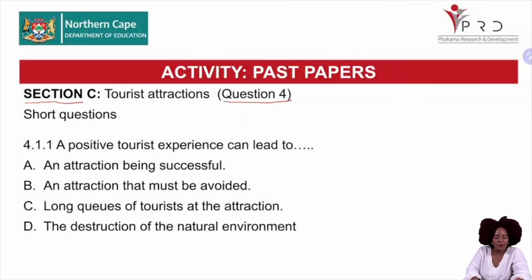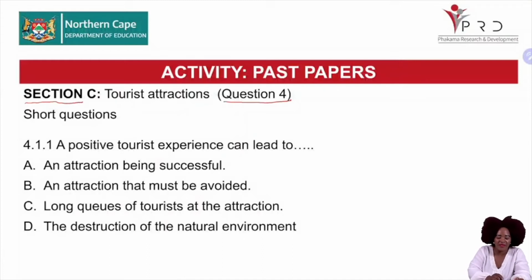So 4.1.1, a positive tourist experience can lead to A, an attraction being successful, B, an attraction that must be avoided, C, long queues of tourists at the attraction, D, the destruction of the natural environment. Remember, we have spoken about the factors and the characteristics.